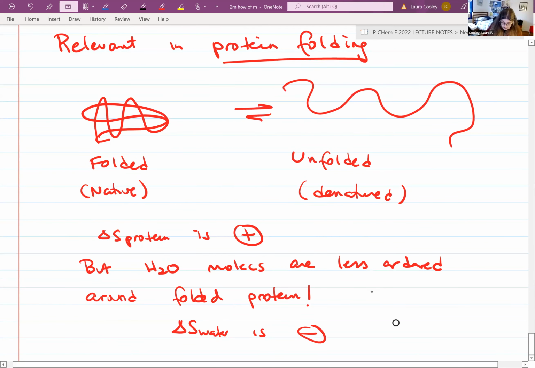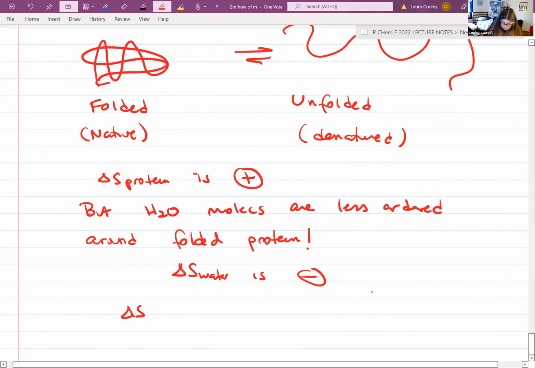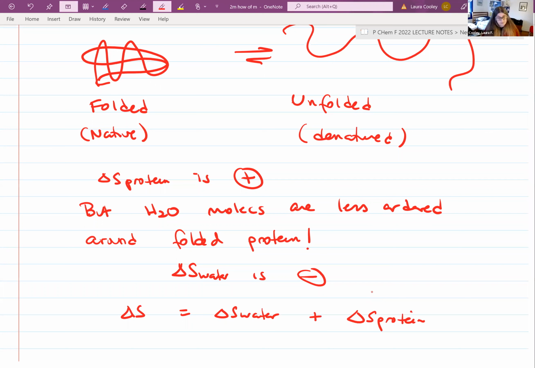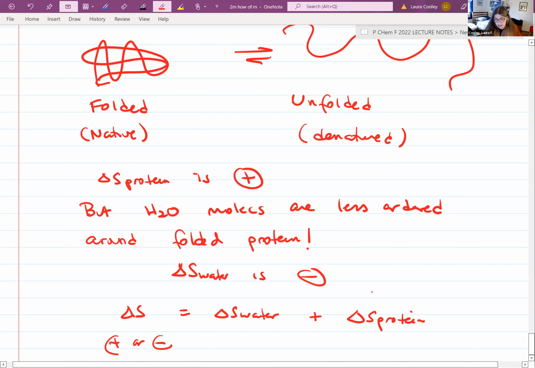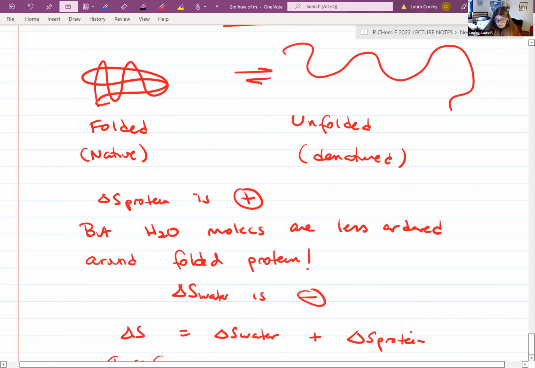And the delta S is the sum of the two contributions. So this total can be positive or negative, depending on which protein we're talking about, or which micelle system in the other case. But anyway, that's really all I have to say for lab lecture 3.